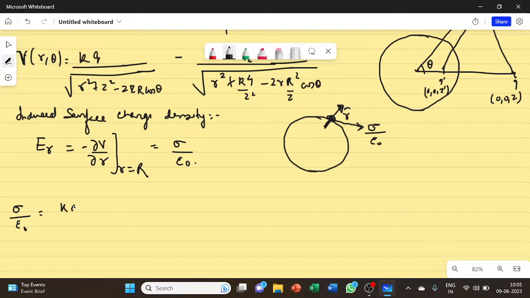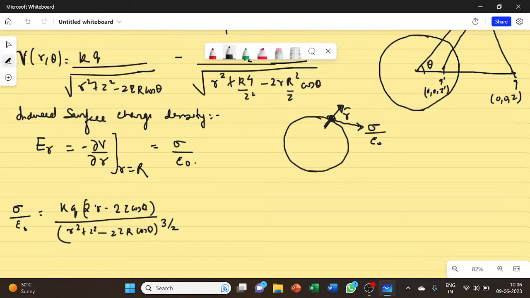Sigma upon epsilon naught is equal to, let us differentiate this one. So this will be KQ, and with respect to R, if I want to differentiate it, then what I'll get? I'll get simply 2R minus 2Z cos theta, and this particular thing will become R square plus Z square minus 2ZR cos theta raised to power 3 by 2.